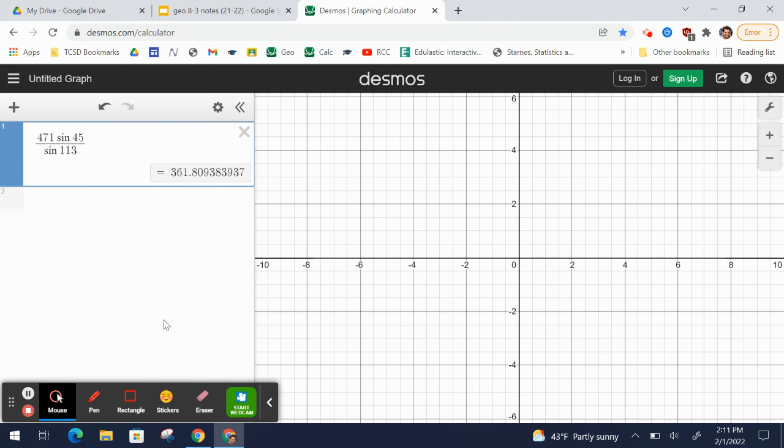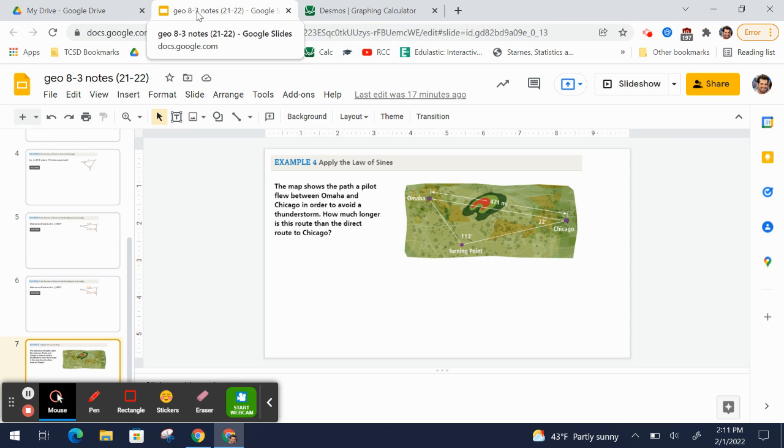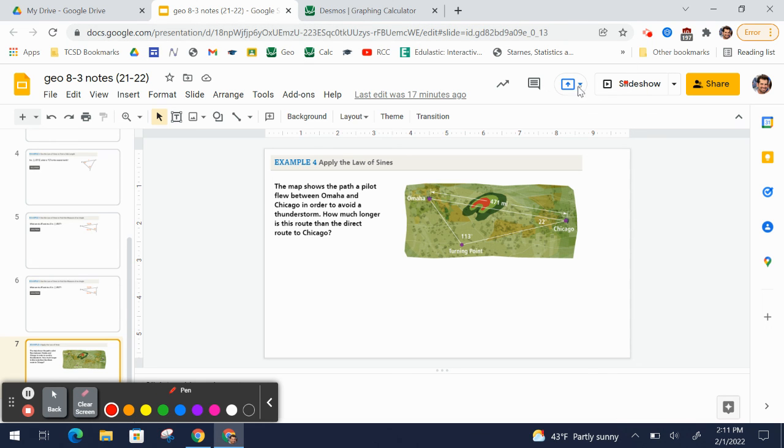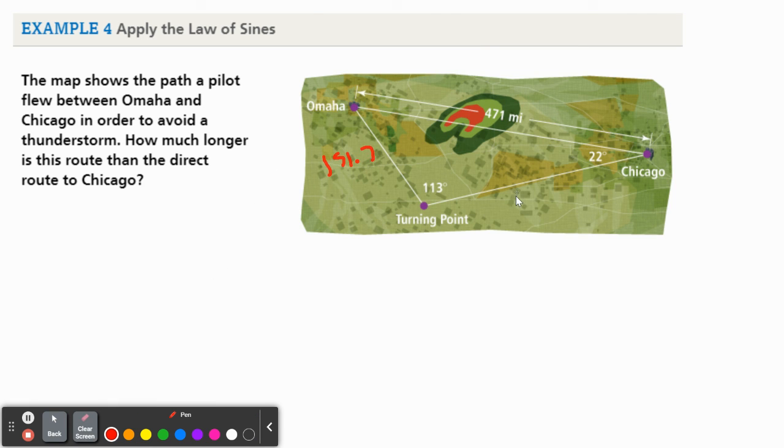And there I got 361.8. 361.8. So here in the picture, one second. So I know that this was 191.7. I knew that this was 361.8. So I'm going to add those together.